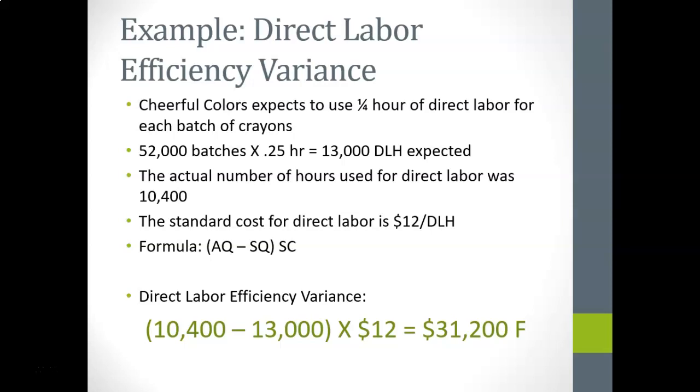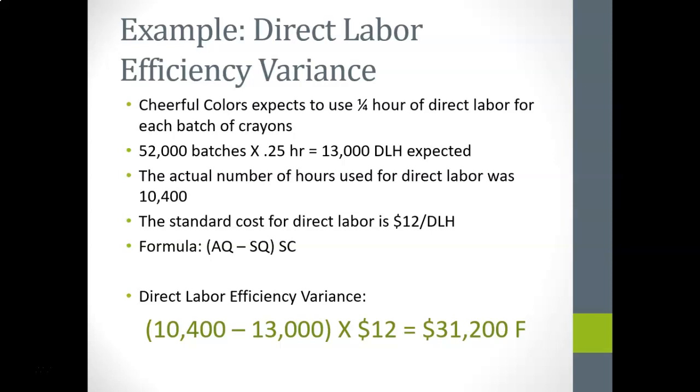And the actual number of hours that we used was 10,400. So we used less hours. The standard cost for direct labor is $12 per direct labor hour, and our formula is AQ minus SQ times the standard cost per unit. And this is the same formula for efficiency variances for direct materials.